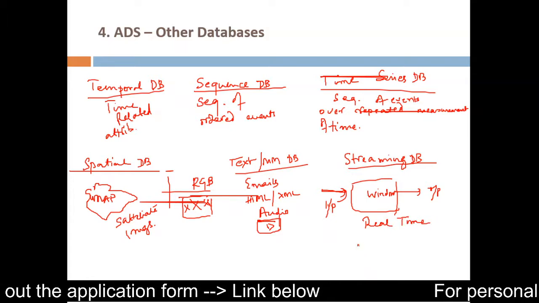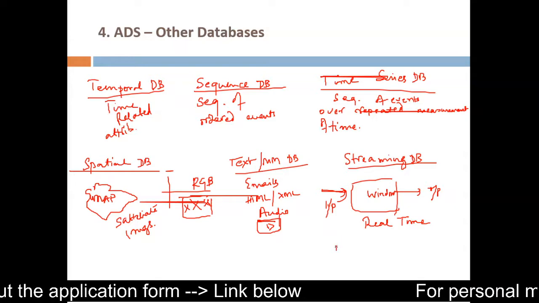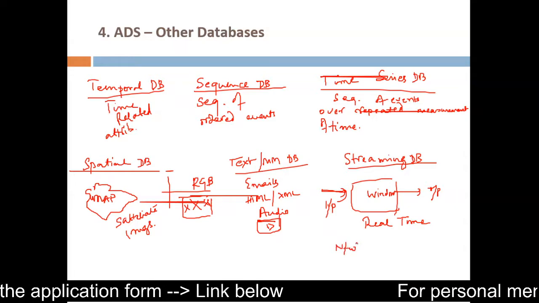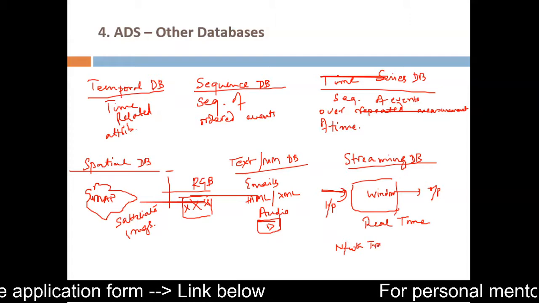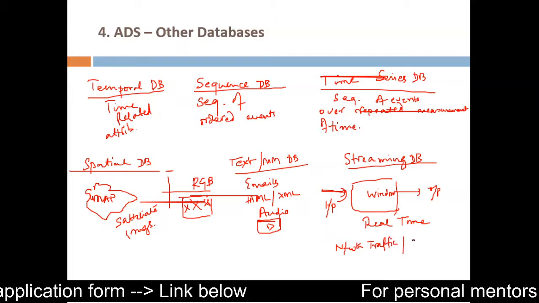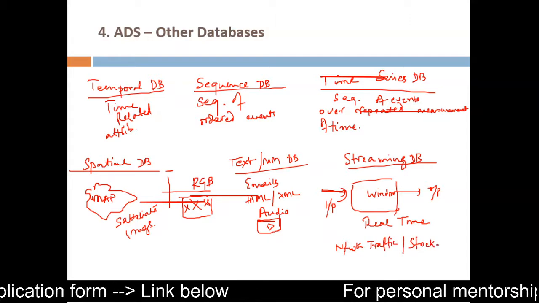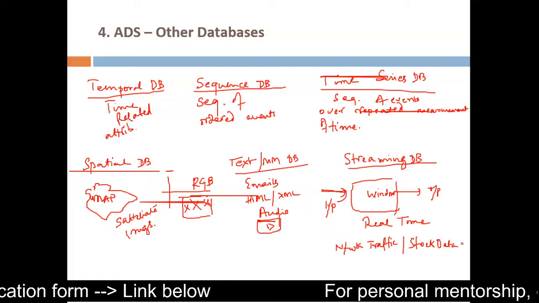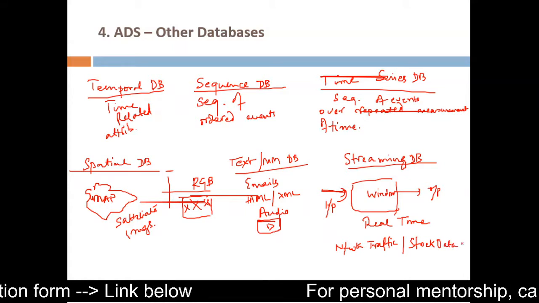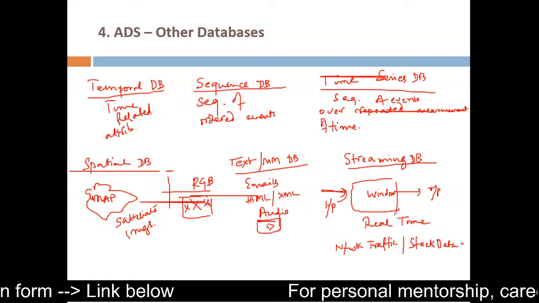Imagine this kind of data to be, for example, the internet network traffic, or you could think of real-time stock data, and these are suitable data to go into the streaming type of database.